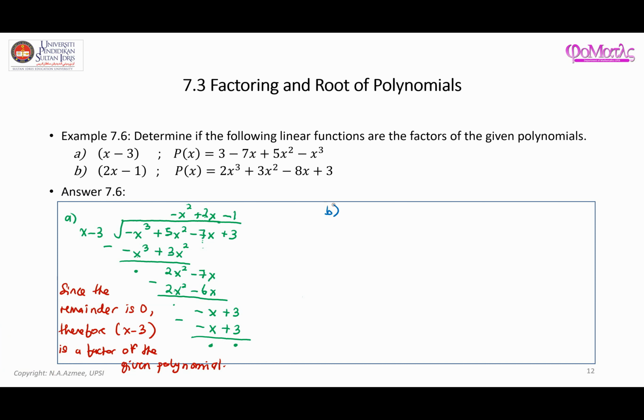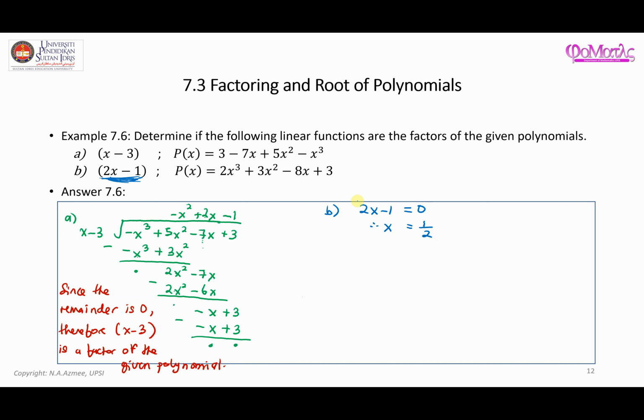For question B, let's try a different method to demonstrate that this is a factor of the given polynomial. This will be a factor if 2x minus 1 is equal to 0, therefore x must be 1 over 2.